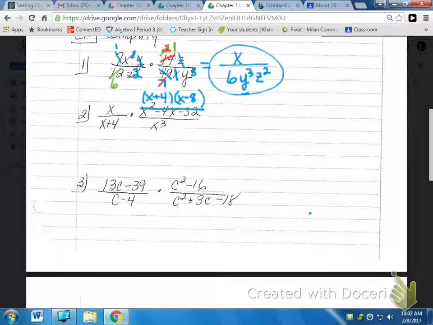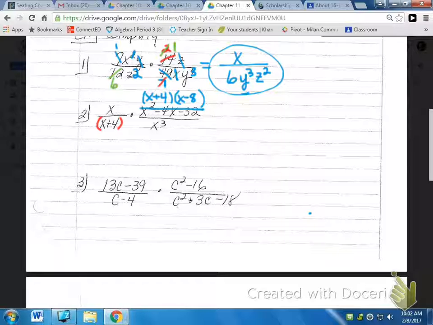Okay? Are we good with that? Now I'm going to change colors. I know you can't do that, but I'm going to change colors to keep track of what I'm canceling. The most important thing I need to tell you about this, the x plus 4, even though there's no parentheses, you got to understand it is really a set.